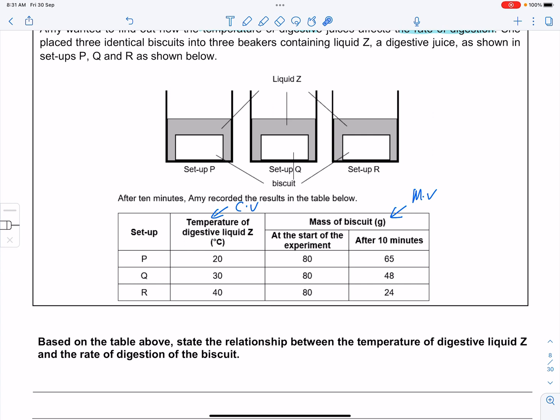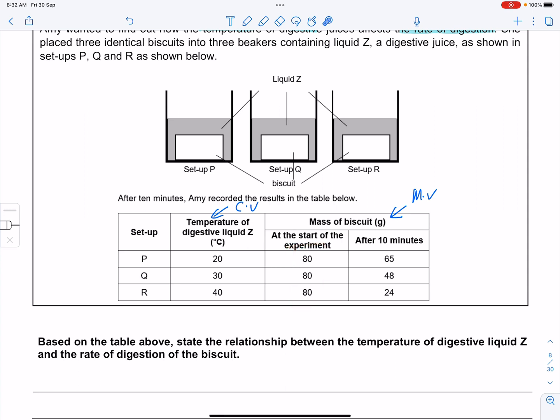Do you understand? So when you look at an experimental question, you need to ask yourself, what exactly is the experiment measuring and what are they using to represent it and why? You need to justify that part. Because when you digest something, obviously at the start you get 80 grams of biscuit.